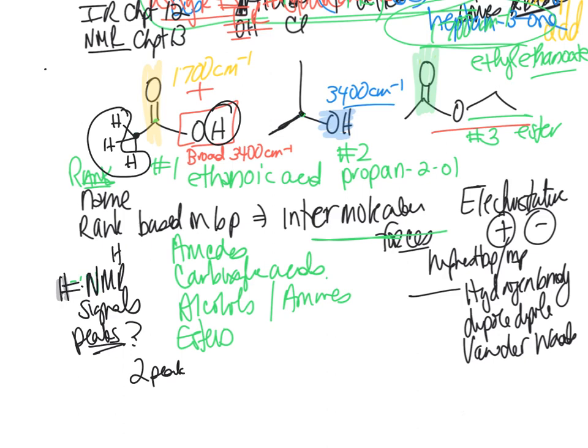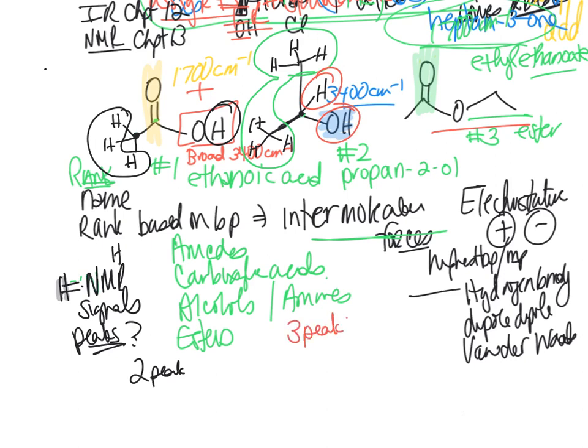Okay, here, let's draw in our hydrogens. 1, 2, 3. 1, 2, 3. And you have 1 hydrogen here. So how many peaks would you get here? Well, these would all be the same, right? Because they're symmetrical. So that's 1 peak, that's another peak, and that's another peak. So you get 3 peaks in your NMR spectra for this compound.